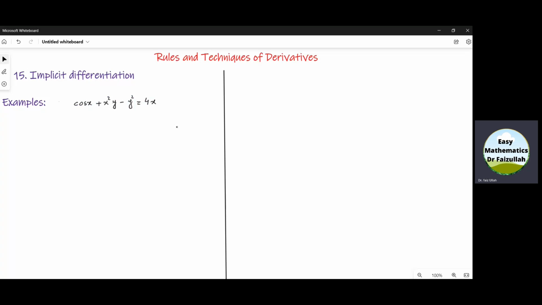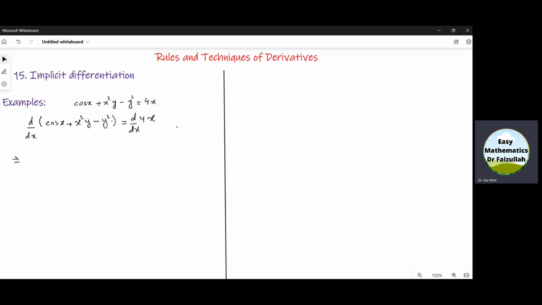We are differentiating both sides of this equation with respect to x. So we have d over dx of cos x plus x square y minus y square is equal to d over dx of 4 into x.